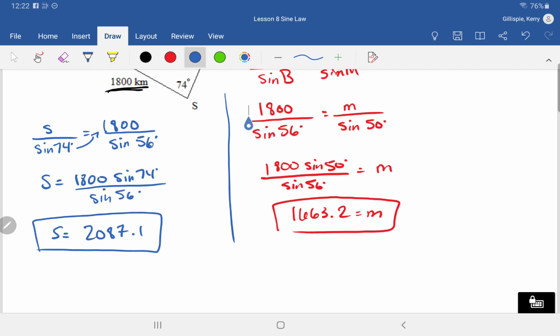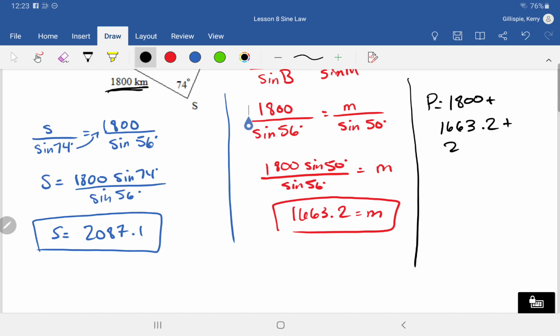So we have all 3 sides of our Bermuda Triangle now. Remember that the question was to actually find the perimeter of the triangle. So we're not quite done yet, because the perimeter would be the total distance. We were given the 1800. Don't forget to add that one in still. We found side length 2 to be 1663.2, and we found side length 3 to be 2087.1. Basically, add that all together.